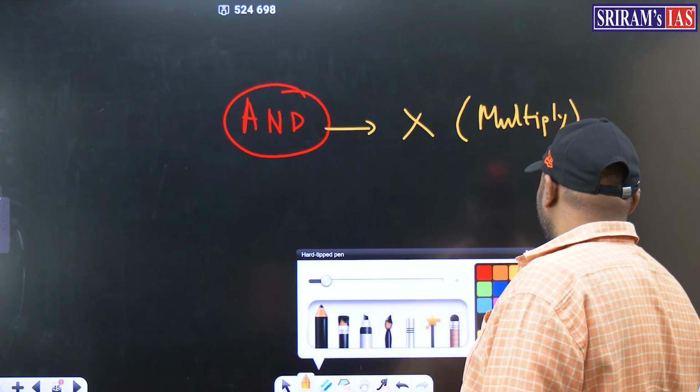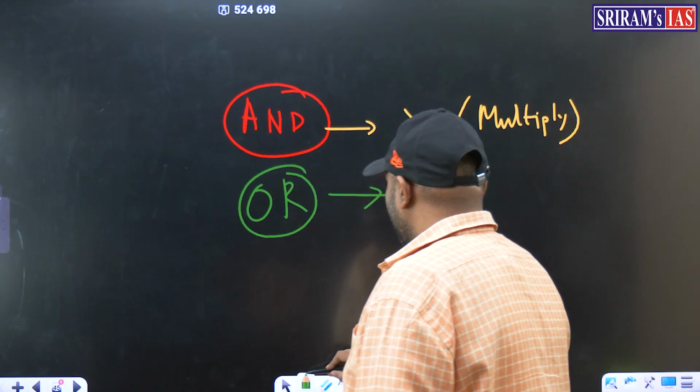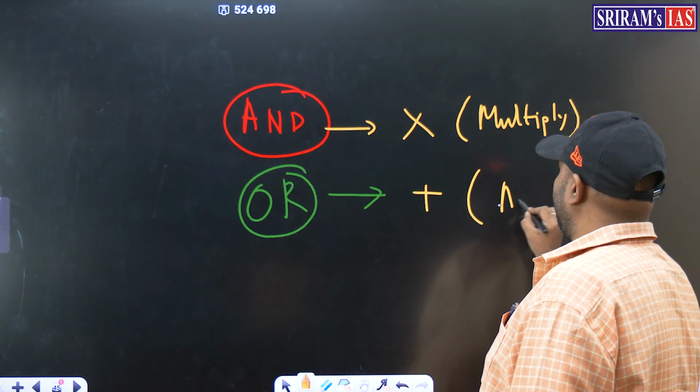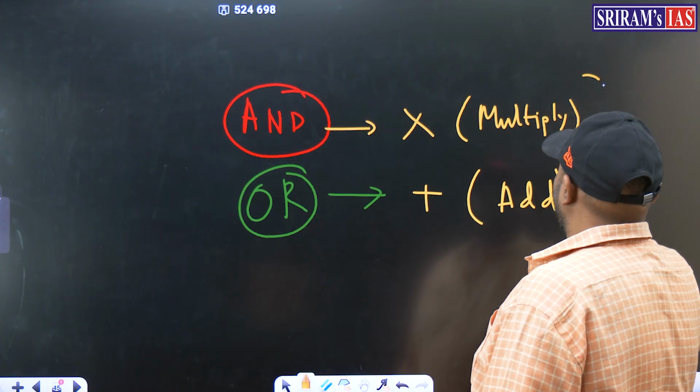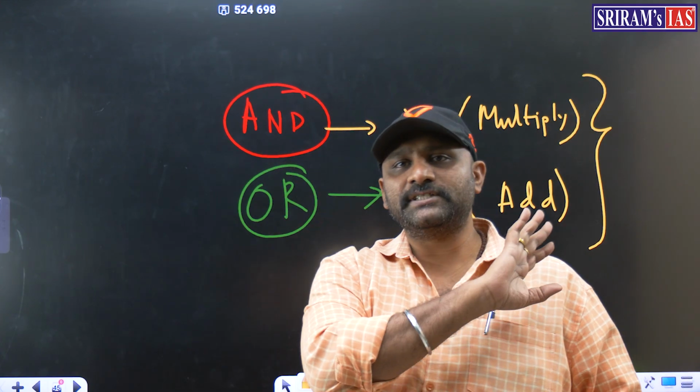Whenever they use the word 'or', you simply add. Remember these two. These are more than sufficient for solving the probability questions of CSAT.